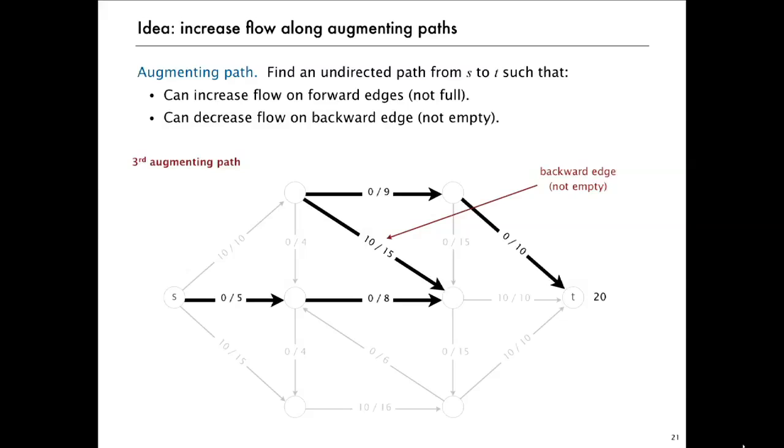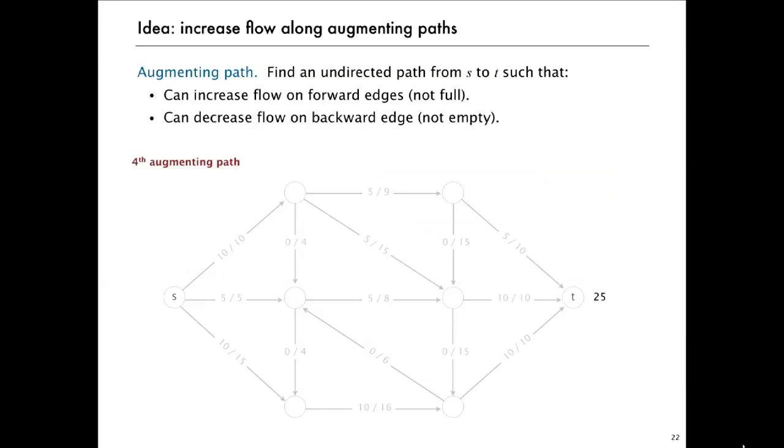In this case, we can augment the flow in the network by 5. That fills up the first edge. And so now we've got 25 units of flow in the network. And again, the idea of removing flow from a backward edge is very simple. It's just a way to ensure that the local equilibrium condition always remains satisfied as we move along the path.